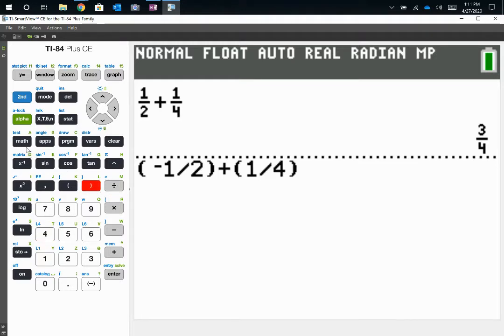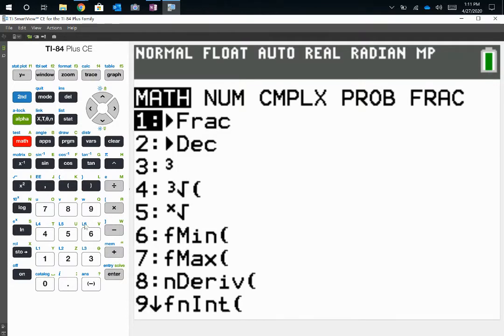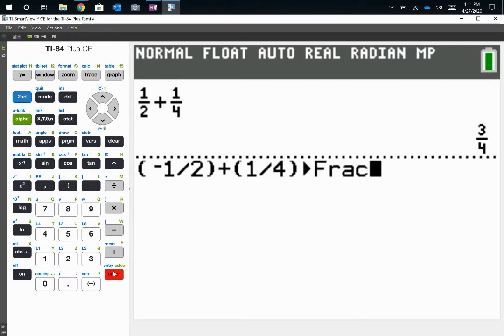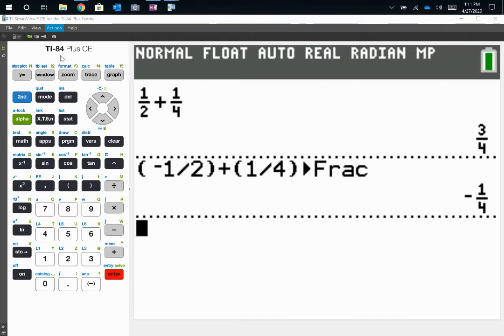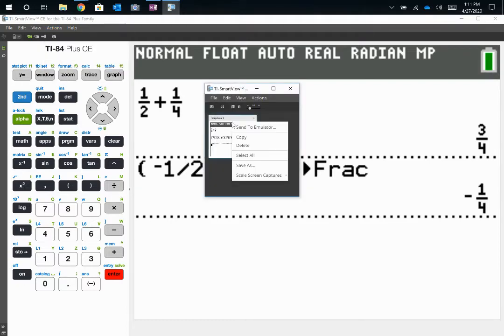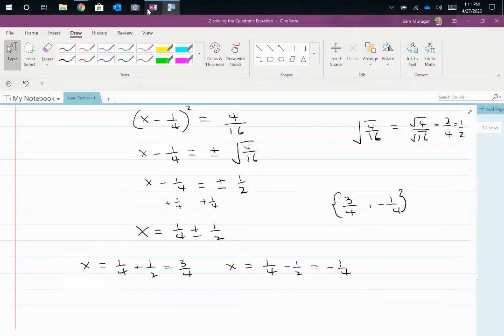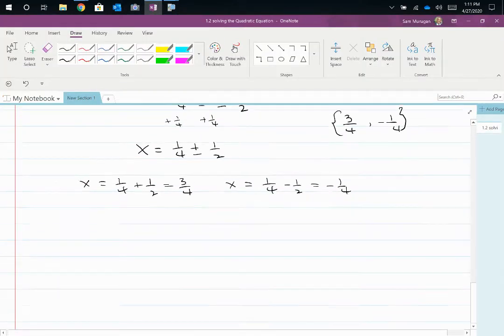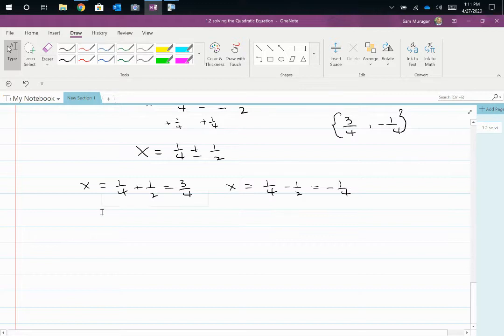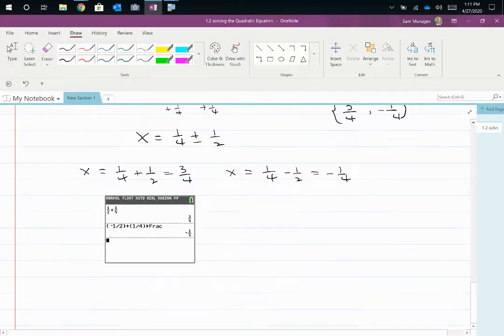Then press math, fraction, answer. So those are two separate ways that you can get your answer for these. In case you have trouble with fractions, we're not in this class to learn how to do fractions. Hopefully you know how to manipulate fractions already. Okay?